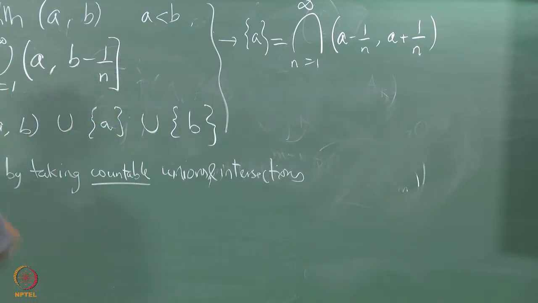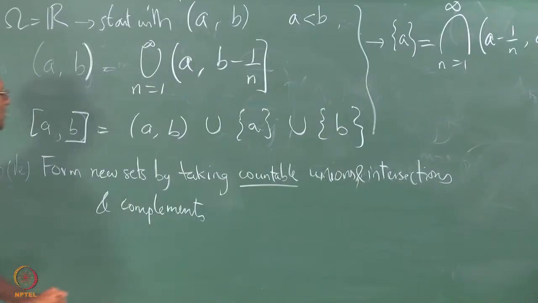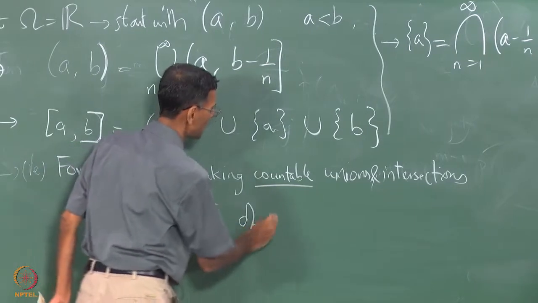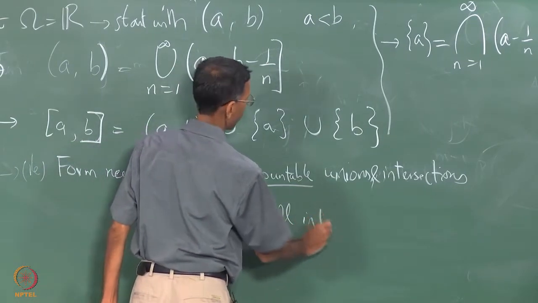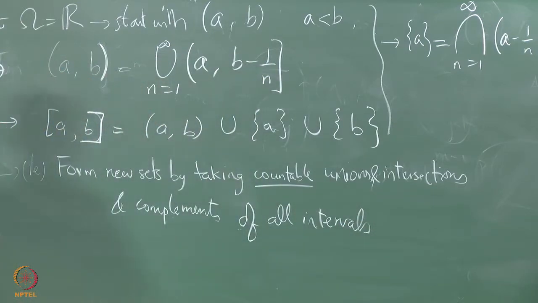And of course, complements. So if you do this for all intervals, open, closed, doesn't matter, I have already shown you how open and closed are obtainable by simple countable unions.